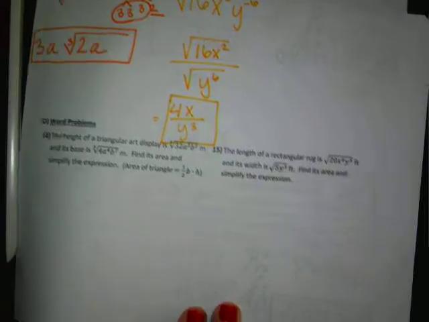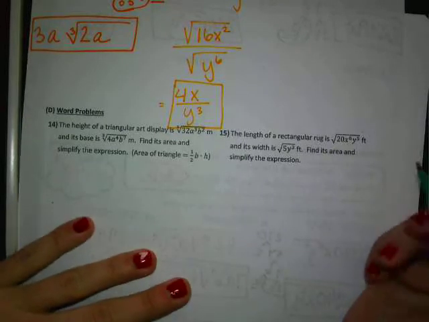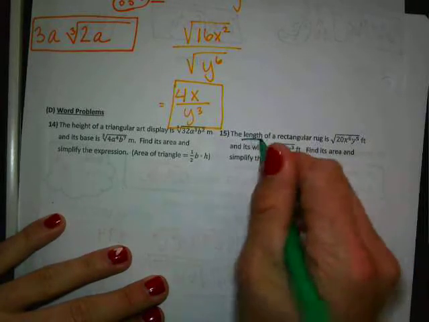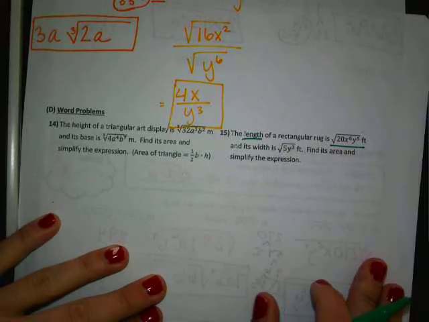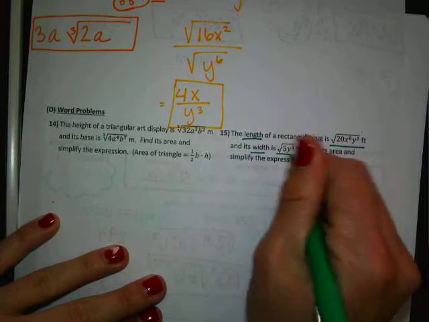I'm going to do 15 and then I'm done. All right, you have 2 word problems on your practice tomorrow. And once again, they're really actually not that bad. We just have to read the problem. The length of a rectangle is this root. The width is this.